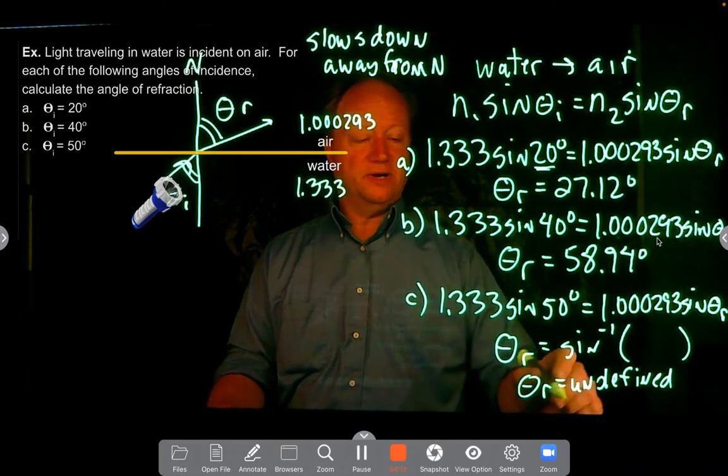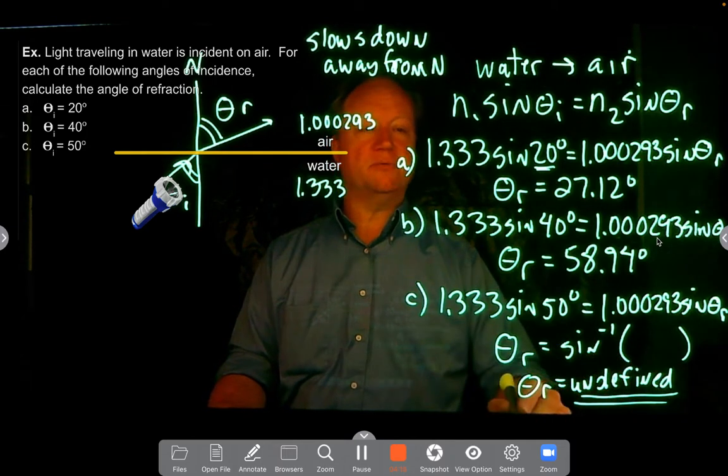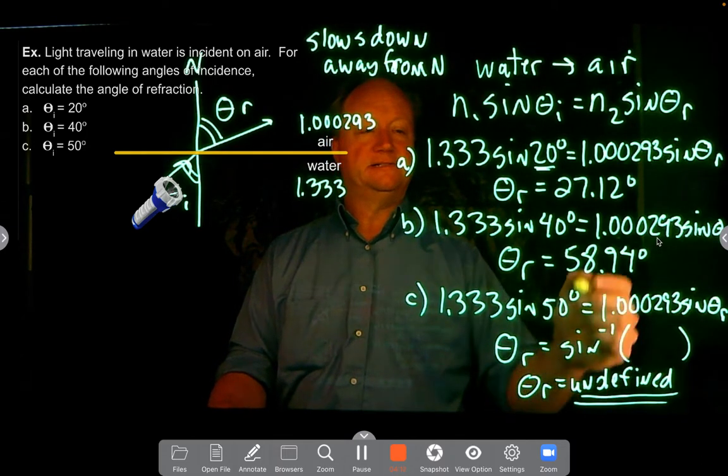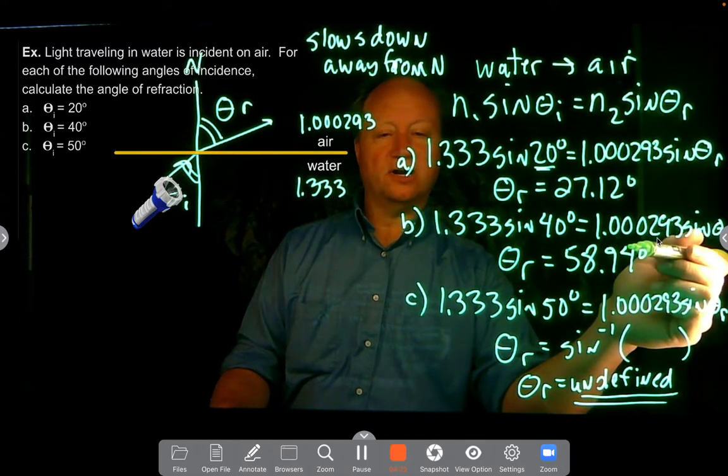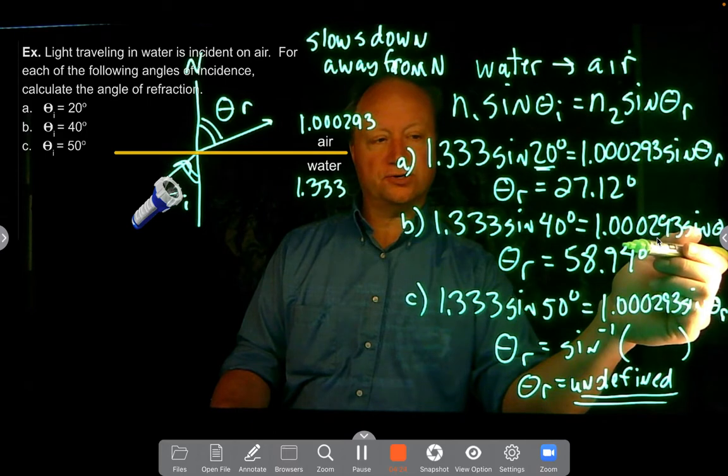Okay, if it's undefined, thinking about what's going on here, our theta r went from 27 to 58. Our theta r is getting larger and larger.